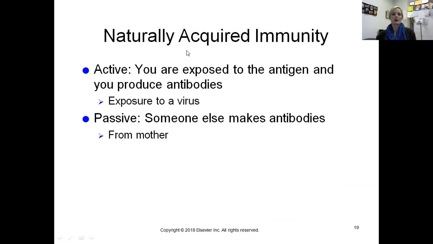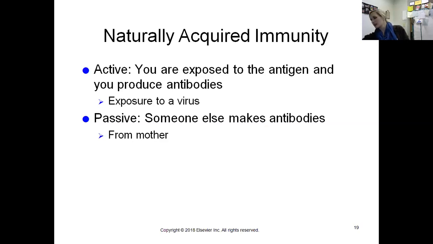Natural acquired is either acquired actively. Anytime you see the term active when it comes to immunity, that simply means that we ourselves are creating our own antibodies in response to this. So natural active means that we are exposed to the antigen and we produce our own antibodies.